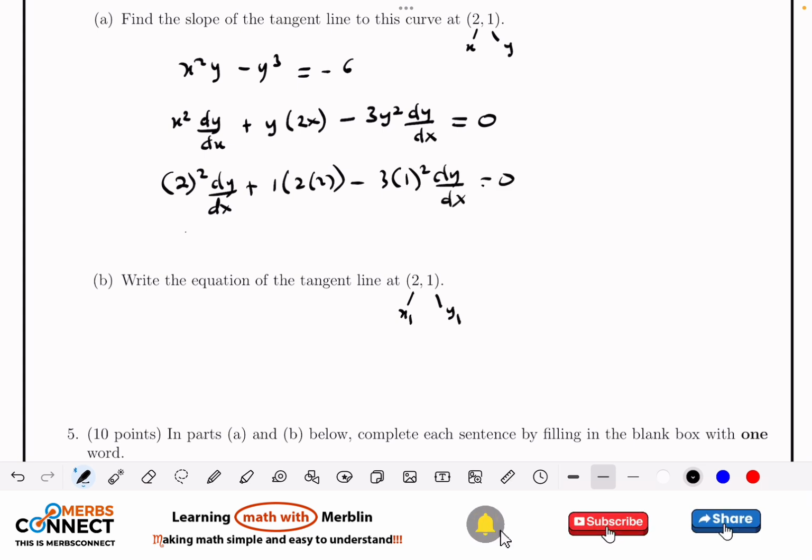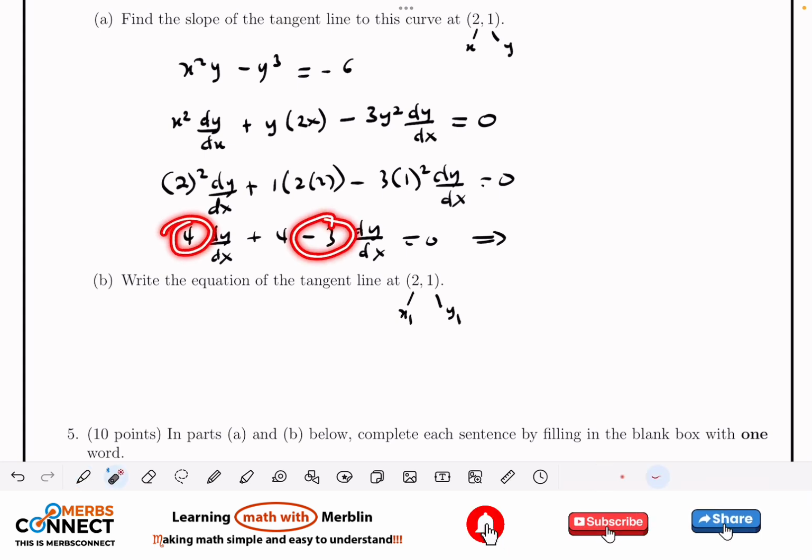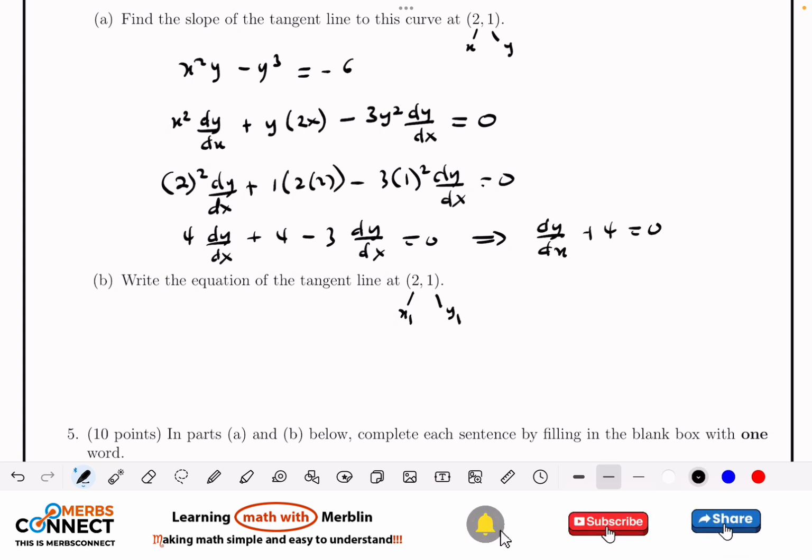This is going to give us 4 dy over dx plus 4 minus 3 dy over dx is equal to 0. This implies that 4 minus 3, because they are all with dy over dx, is going to give us 1. So you are going to have dy over dx plus 4 is equal to 0. Subtract 4, and I'm going to have dy over dx equal to minus 4.